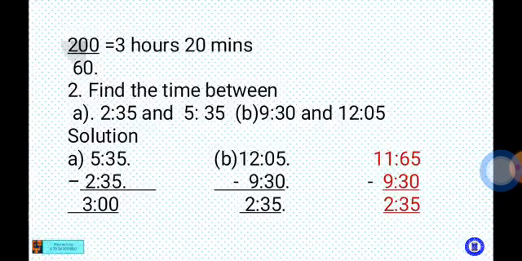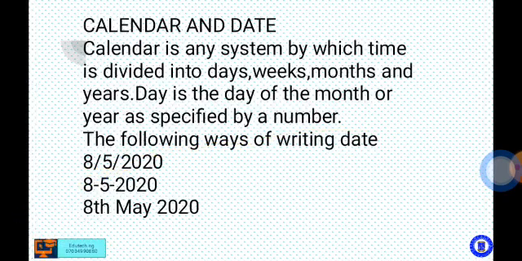You see that I've already borrowed 1 from 12. Now the minutes side becomes 65. So 65 minus 30 gives us 35. 11 minus 9 gives us 2. So the time between 9:30 and 12:05 is 2 hours 35 minutes.